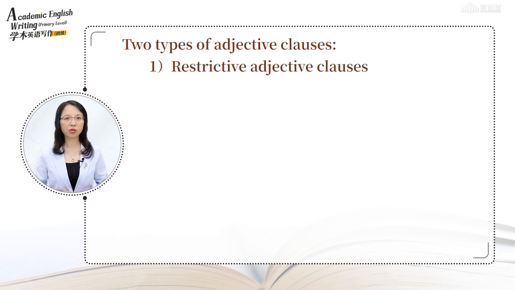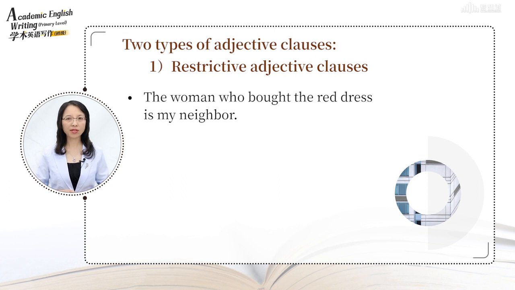1. Restrictive adjective clauses. If there are no commas used before and after an adjective clause, the information in the clause is essential to the sentence. This kind of adjective clause is called a restrictive adjective clause. For example, the woman who bought the red dress is my neighbor.